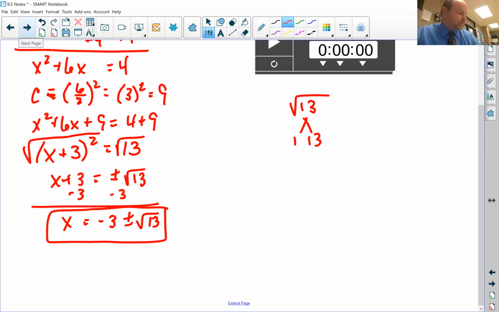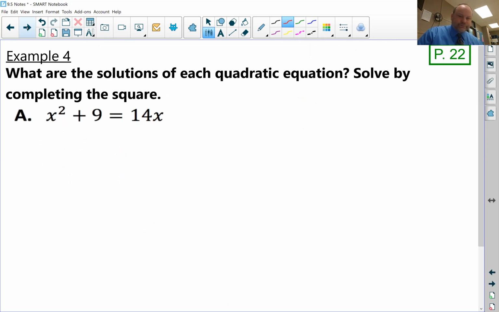All right. So now what happens if we don't have it in standard form? So now we want to get the 14x and the x squared together and get the 9 by itself.